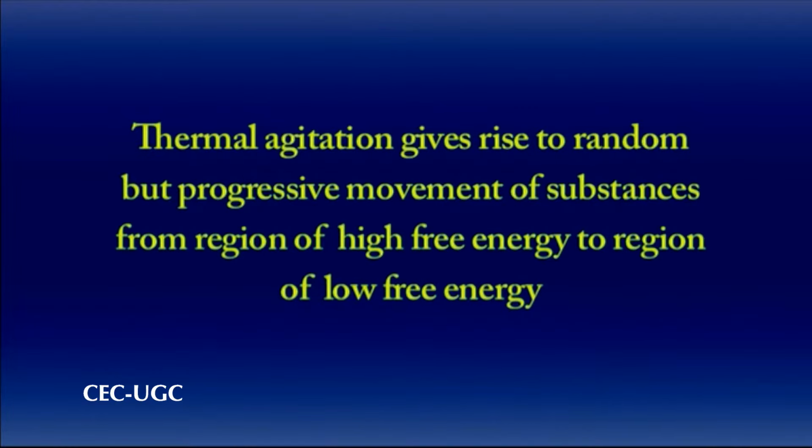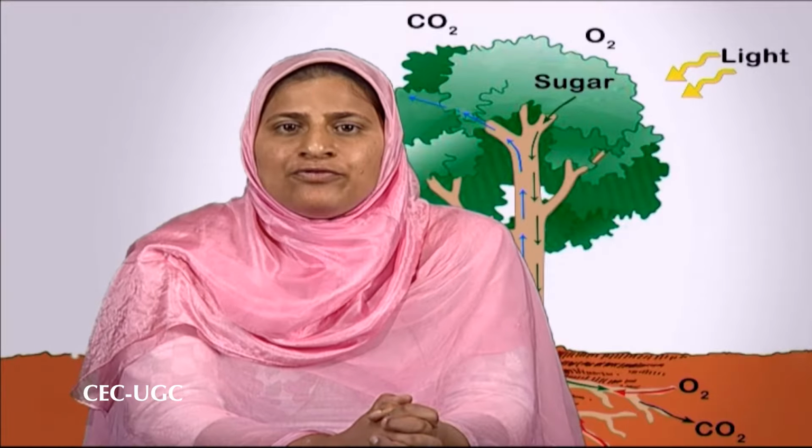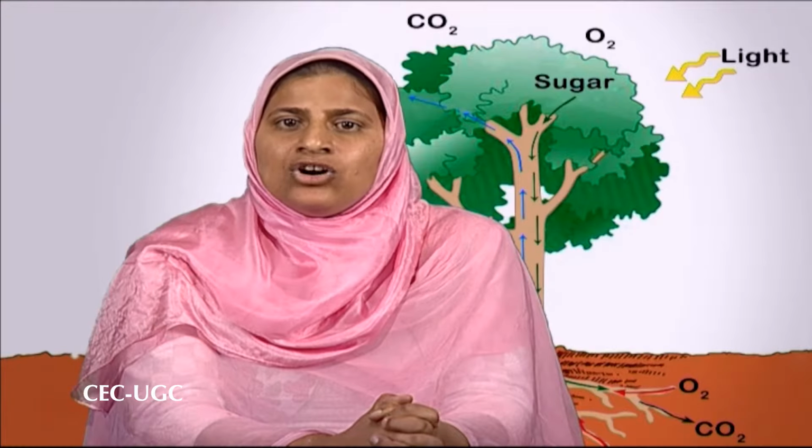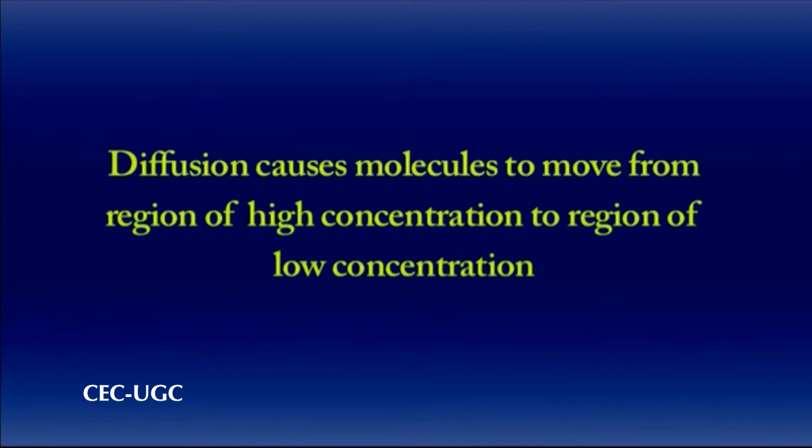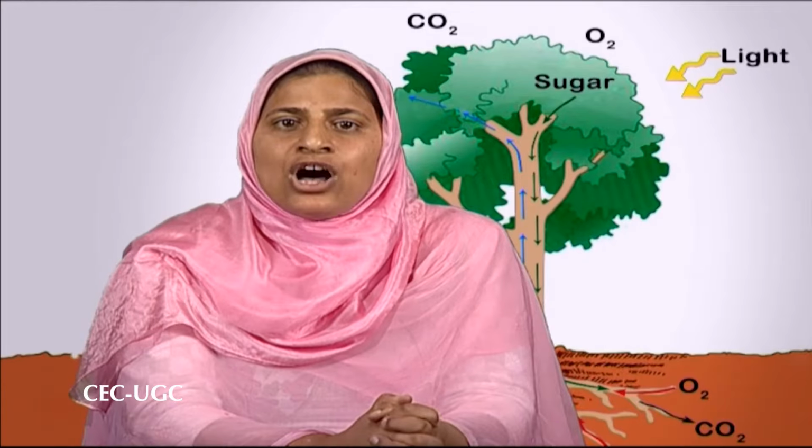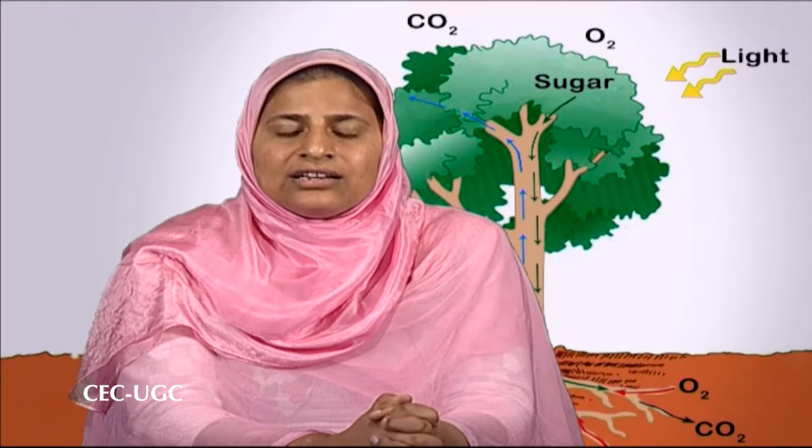Such agitation gives rise to random but progressive movement of substance from region of high free energy to region of low free energy. As long as other forces are not acting on the molecules, diffusion causes molecules to move from region of high concentration to region of low concentration, that is down a concentration gradient.